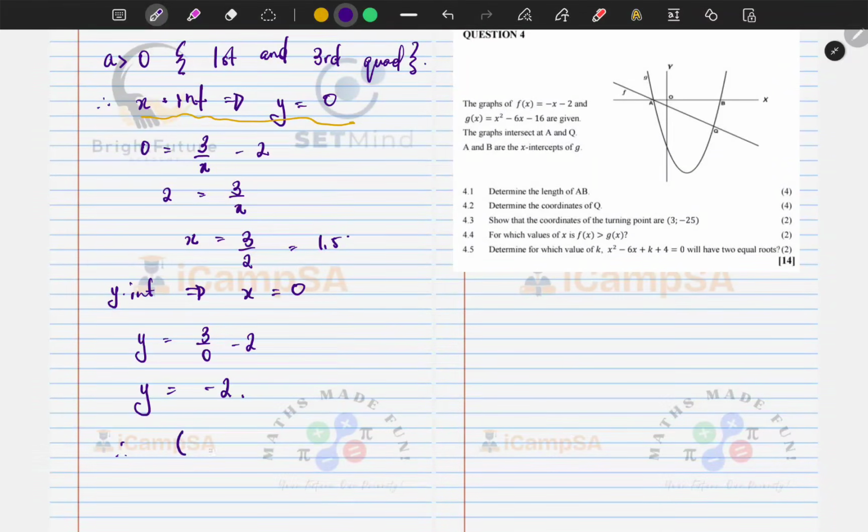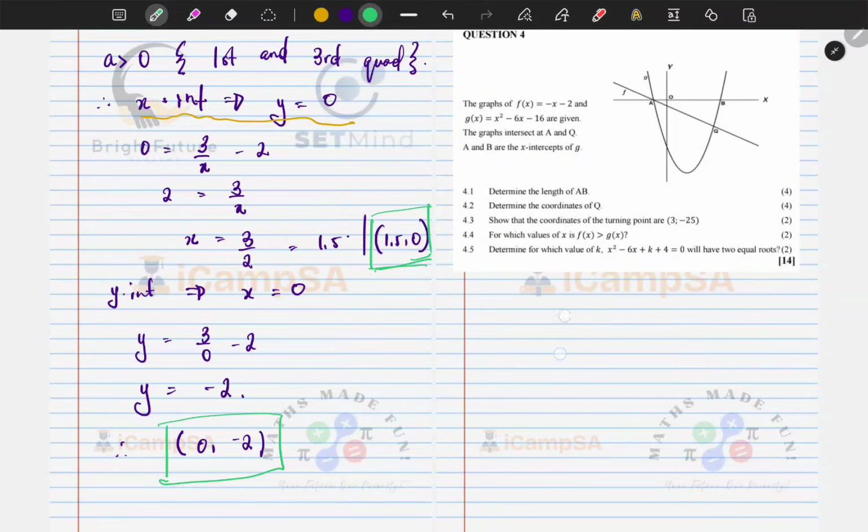So for your intercepts, your graph will pass through, when x is 0, negative 2. And then here, you can just write, okay, this is an intercept, and then here it's going to be your (1.5, 0), right? So this is another intercept, right?